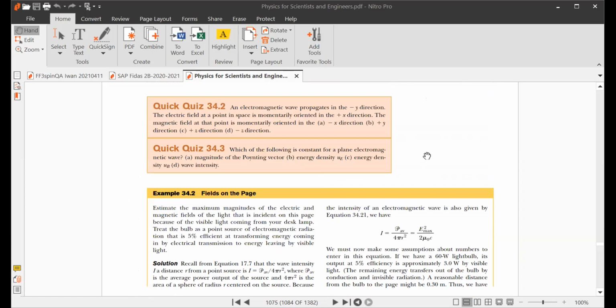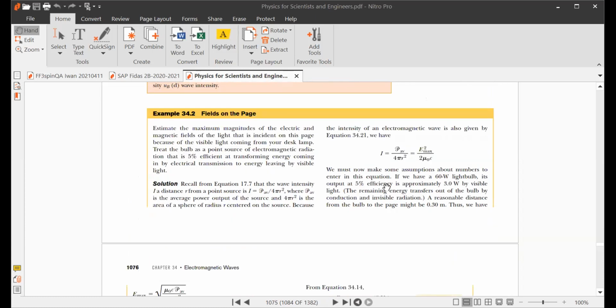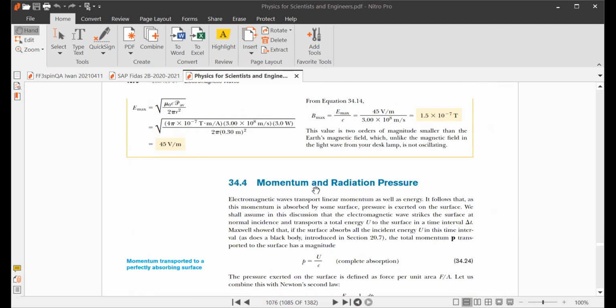Is there any question for this example? No question. Okay, let's continue.